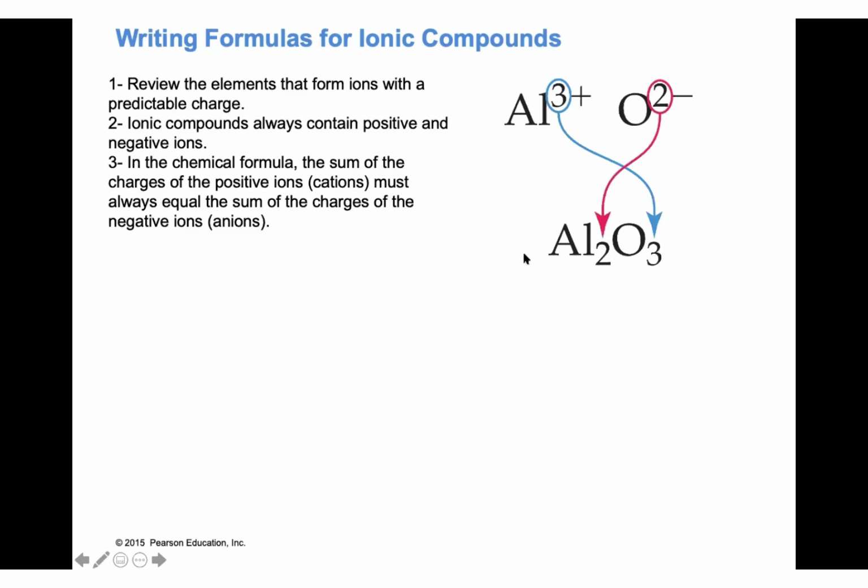We call it the cross rule. So always remember the cross rule: the charge of one element becomes the subscript of another element. Also, the reverse works. The subscript of one element will be the charge of another element.